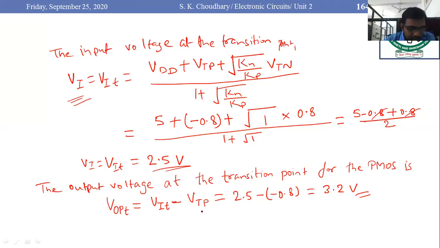Now we have to find out the third critical voltage, that is the output voltage at the transition point for NMOS. So what would be the value?